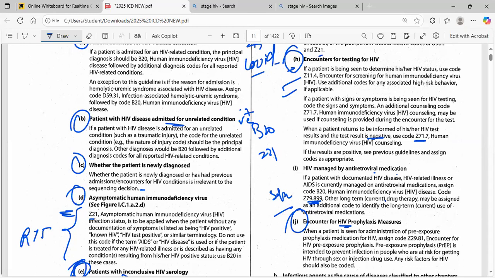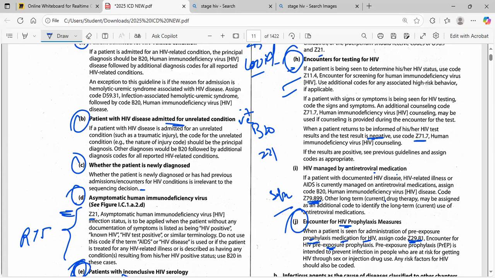So whenever a patient is getting prophylaxis medication for HIV, pre-exposure, before the exposure to HIV or before the infection, in that case you have to use Z29.81 to represent that the patient does not have HIV as of now, but might get HIV in the future.